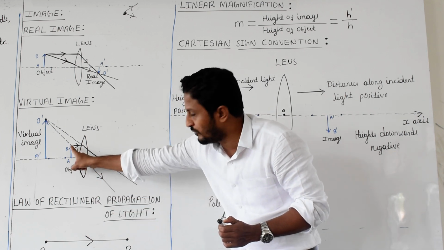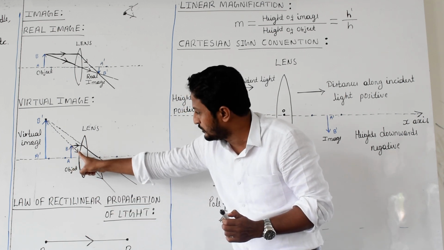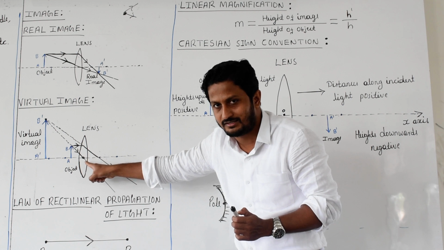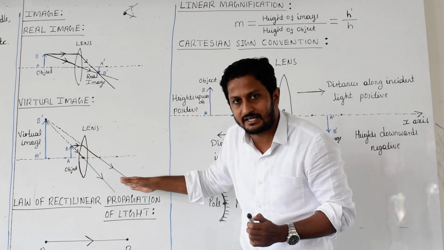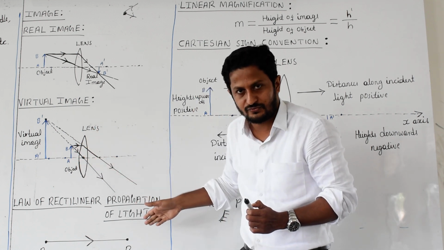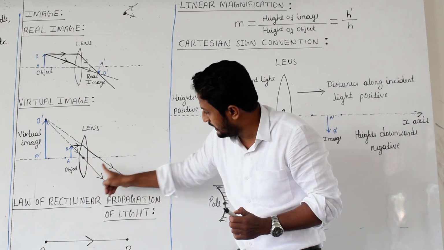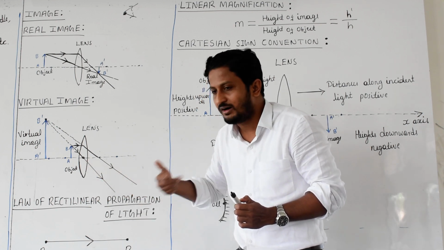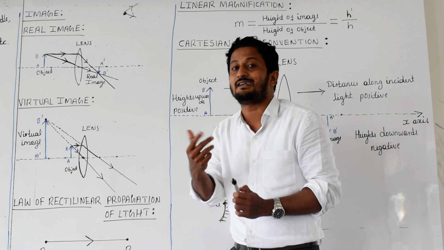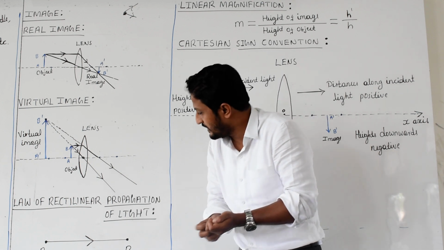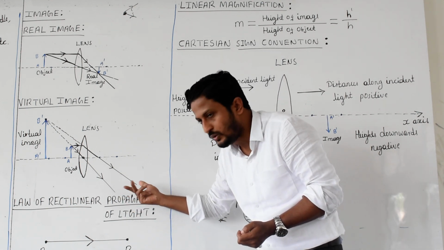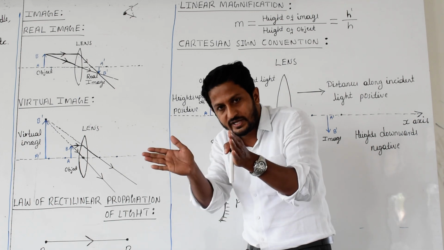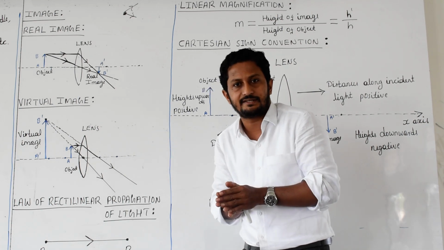A light ray from any object passing through the optical center of a lens won't change its direction; it keeps continuing. These two are the refracted light rays. You look here, they look like diverging.